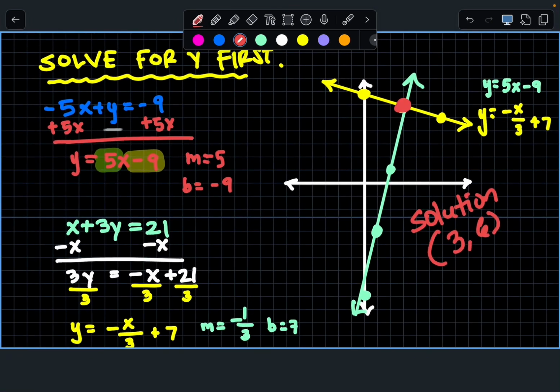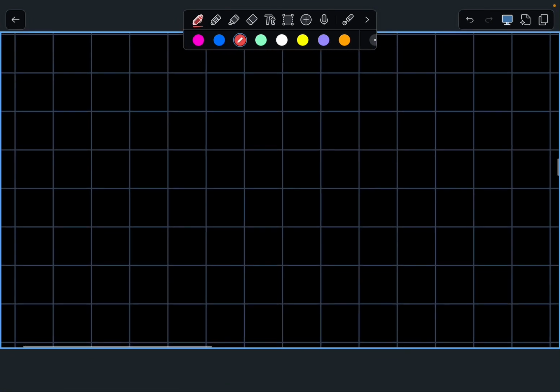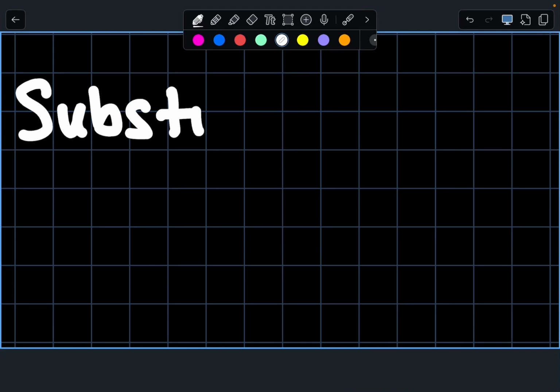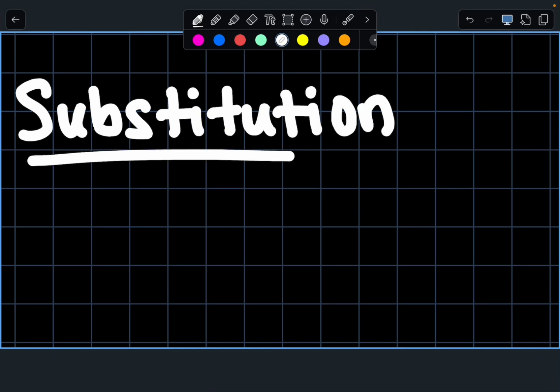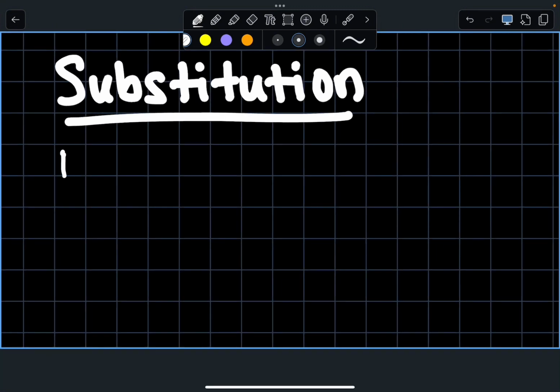So how does solving by substitution work? Let's take a look. So let's look at an example.